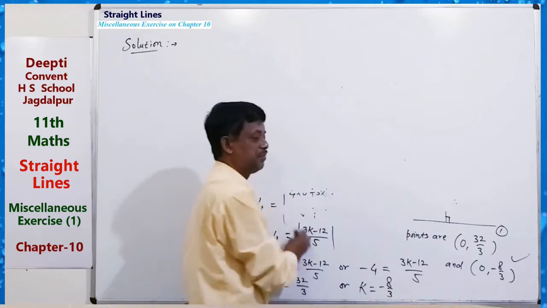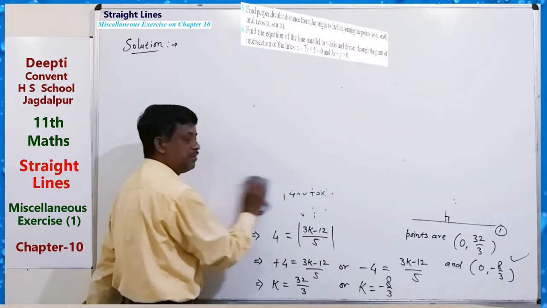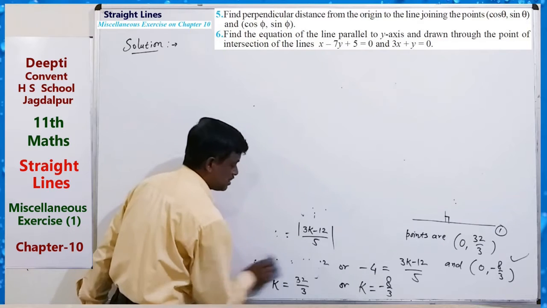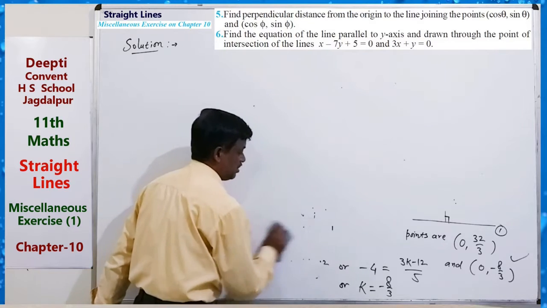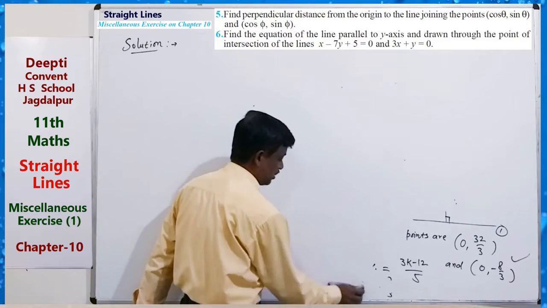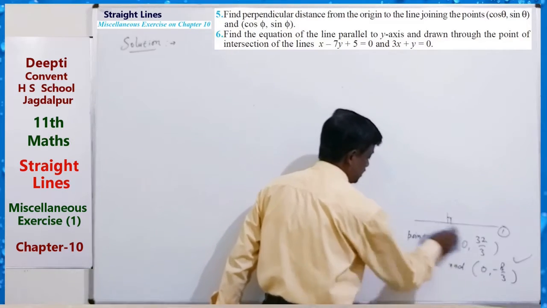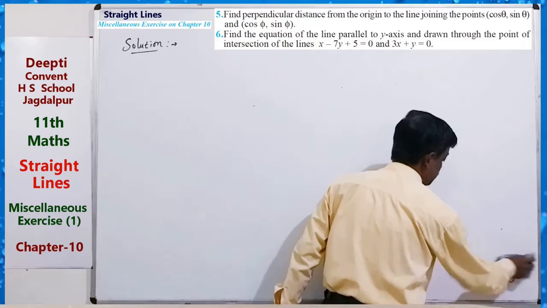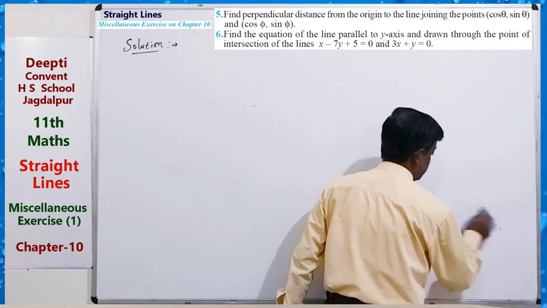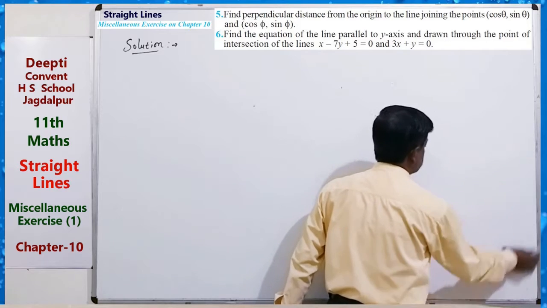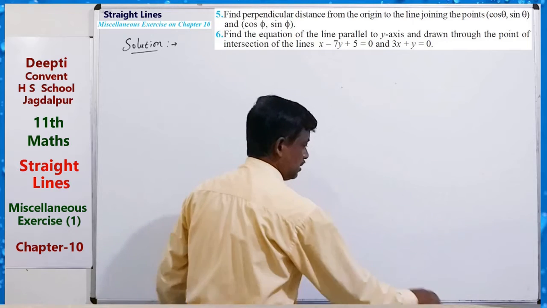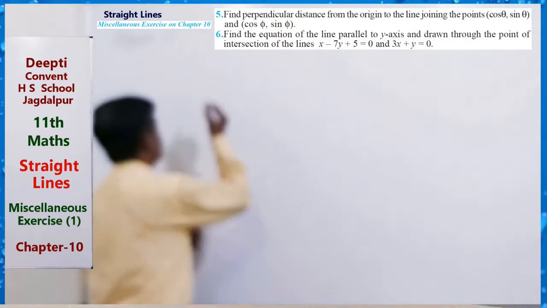Because the points are given in terms of trigonometric functions, cos theta sin theta and cos phi sin phi. First of all, you have to write the equation of the line passing through the points. Clear? And then find the distance from the origin and calculate. You can get the result.